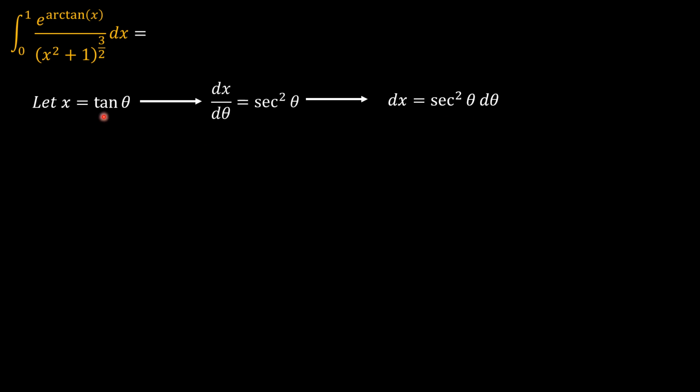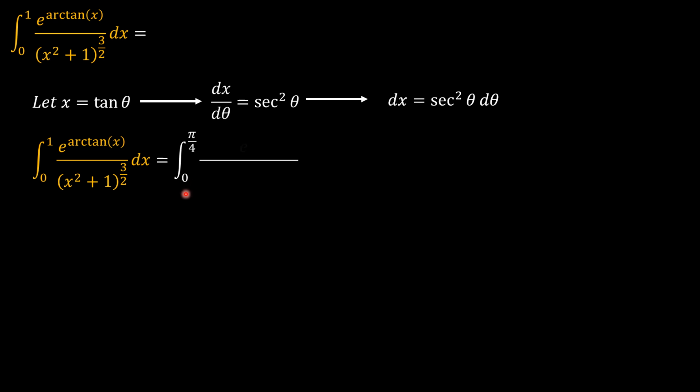Now looking at the limits, when x is 0, the arctangent of 0 is going to be equal to 0. When x equals 1, the arctangent of 1 is going to be pi over 4. Therefore, transforming this integration from the x domain to the theta domain would involve substituting the limits with theta from 0 to pi over 4.